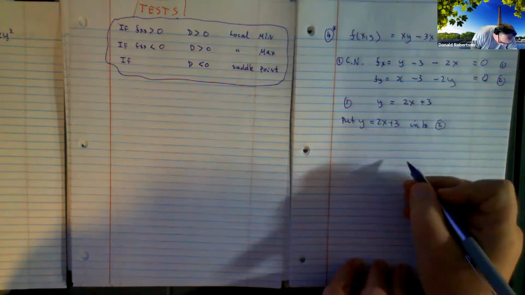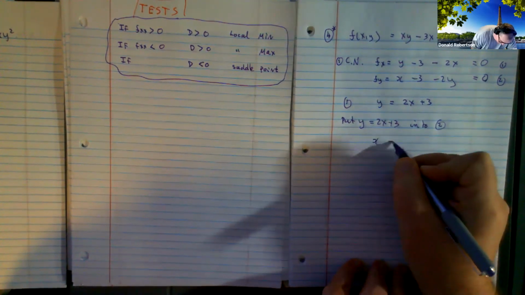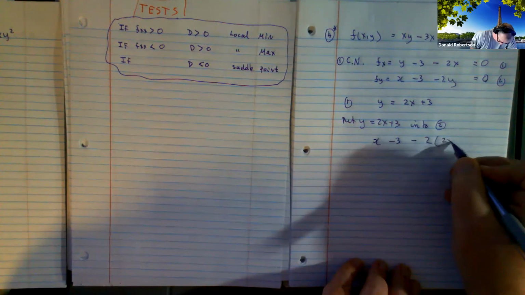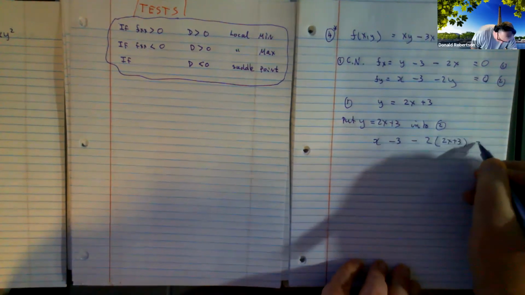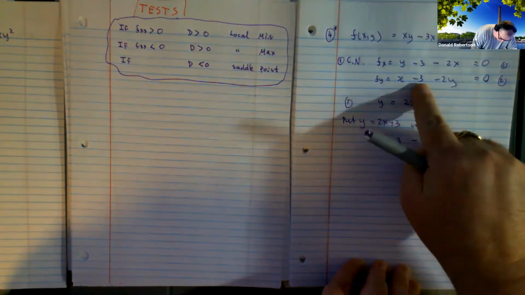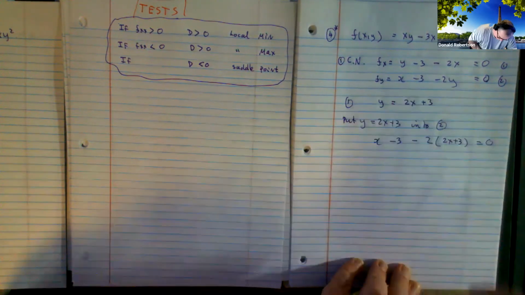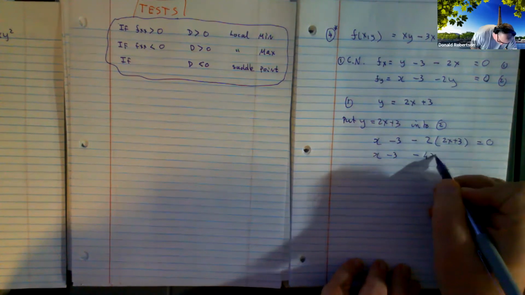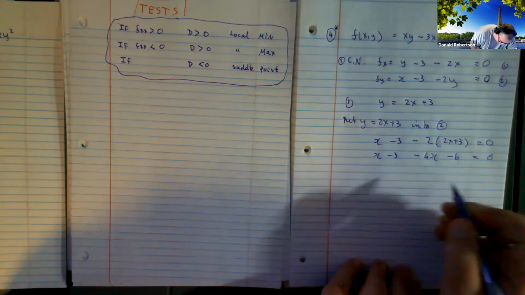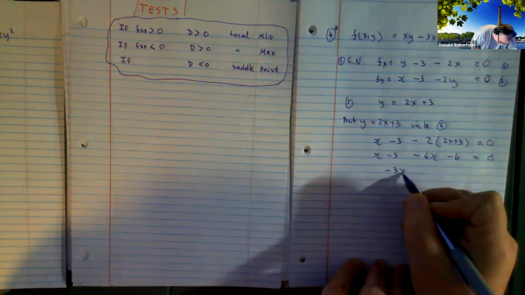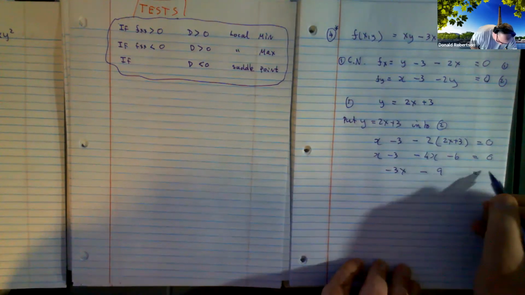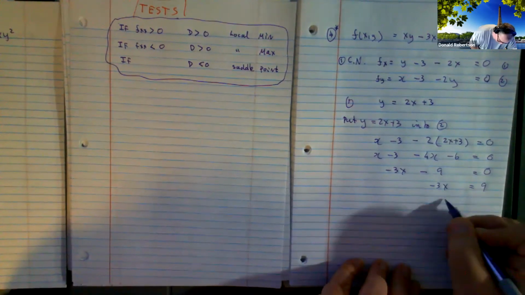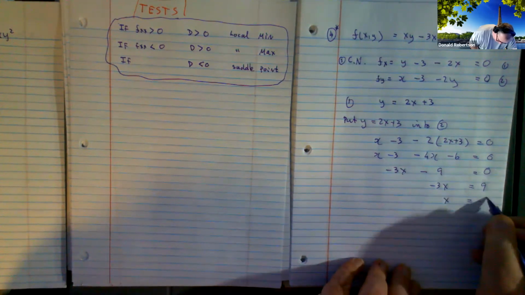And if I do that, I have an x, take away a 3, take away 2 lots of y, which is now replaced by that, and it's equal to 0. So x, take away 3, minus 2 y's. And at this point onwards, as long as I don't screw up, which is very possible, I can just go through the usual mechanics. And I believe the answer is negative 3.